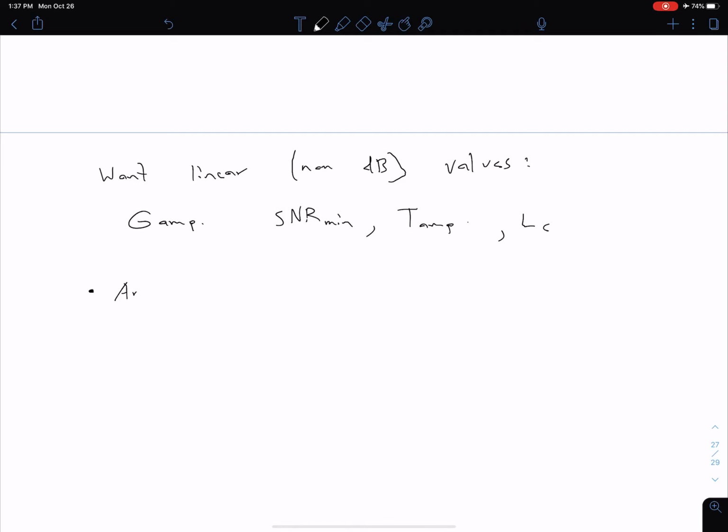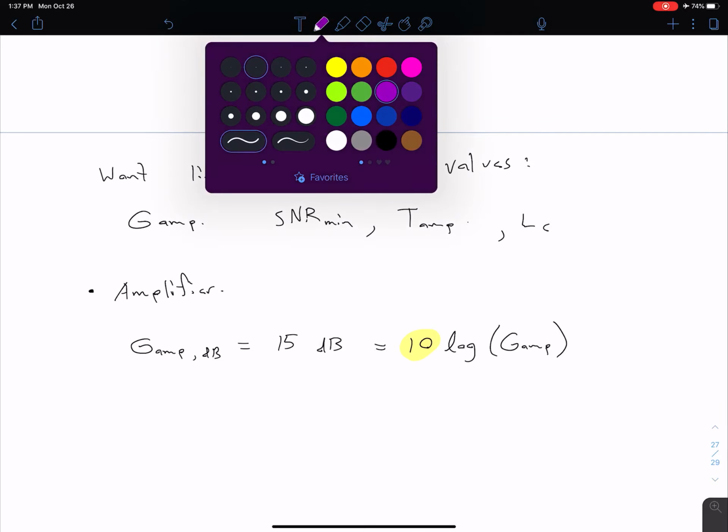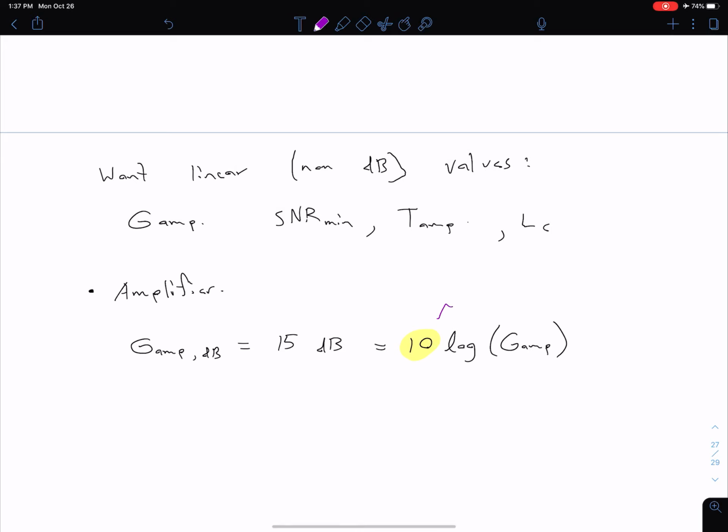So let's start by looking at our amplifier. For our amplifier, we were told that the gain of our amplifier in decibels is equal to 15 dB. We know that is equal to, by definition, 10 log of G amp, our linear G amp. Note, I'm using 10 in my definition of dB because we're dealing with powers.